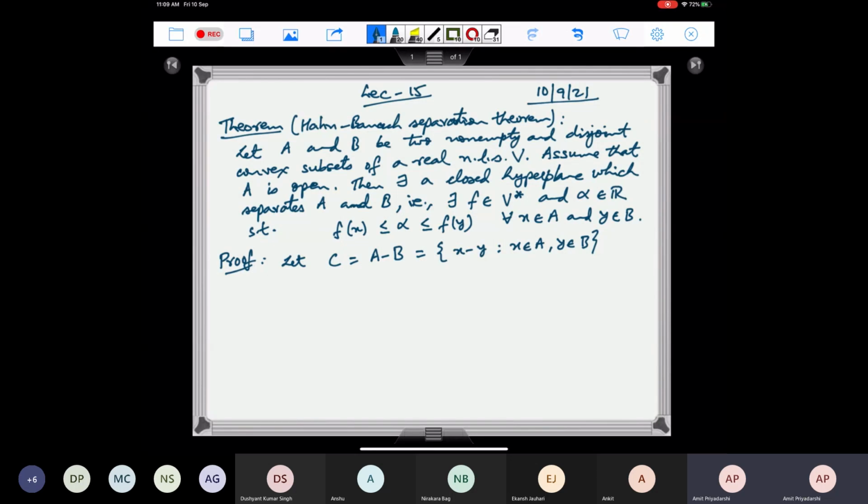Now what can you say about this set C? We are given that A and B are convex. So if A and B are convex sets, then the sum and difference will also be convex, right?